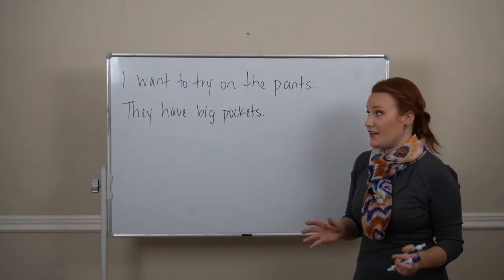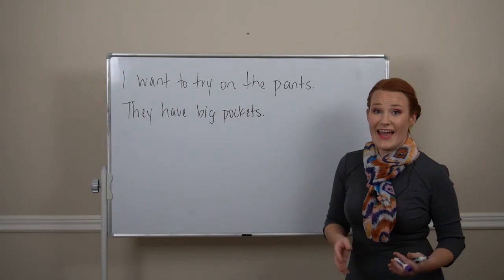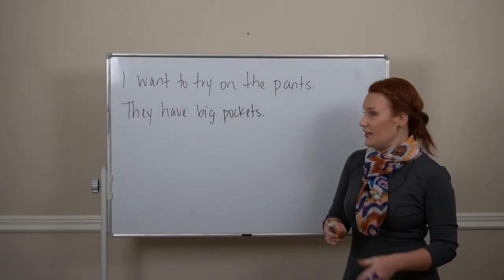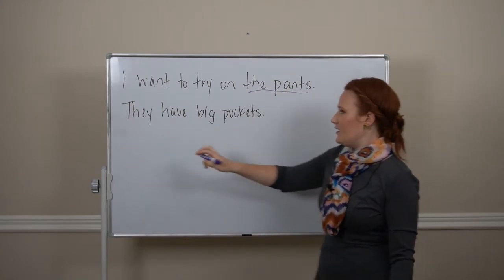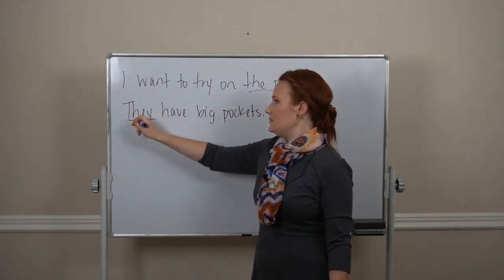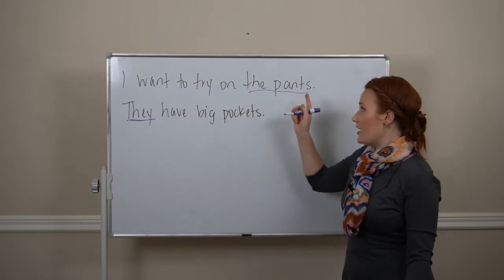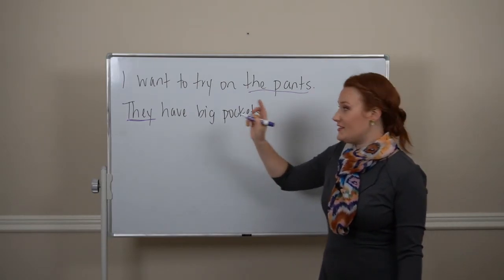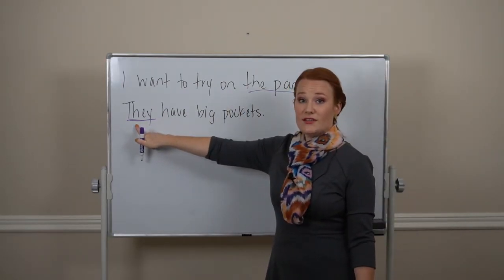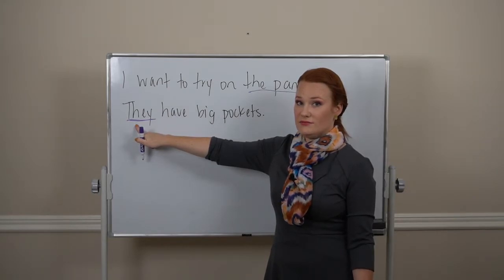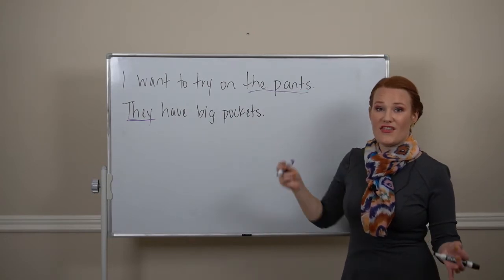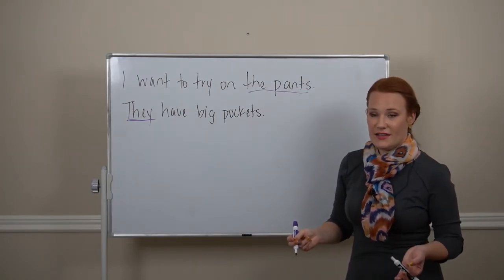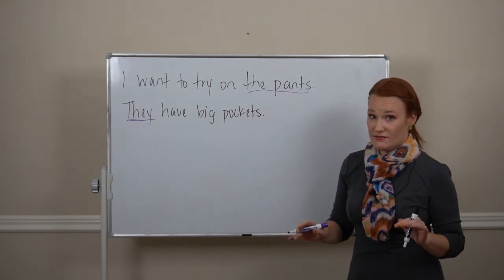Okay, so again, first I need to figure out what noun I'll be describing. Here I have the pants and they, all right? So if I'm going to be describing pants, I need to change this one to the relative pronoun. Now we're talking about a thing, pants, not a person.